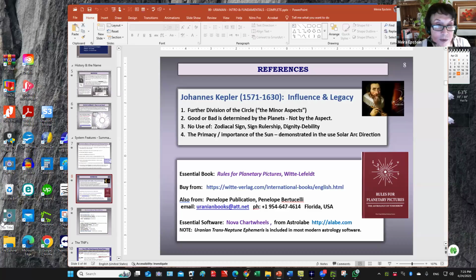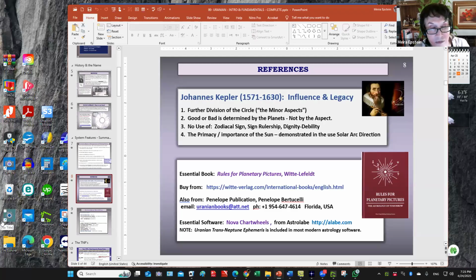The title is going to be Ptolemy, Kepler, and Alfred Witte, Strange Bedfellows or Great Minds Think Alike. So I draw a comparison between Claudius Ptolemy, Hellenistic, Kepler here, and Witte, 20th century, and show how there's a theme that runs through certain understanding from antiquity all the way to our time.